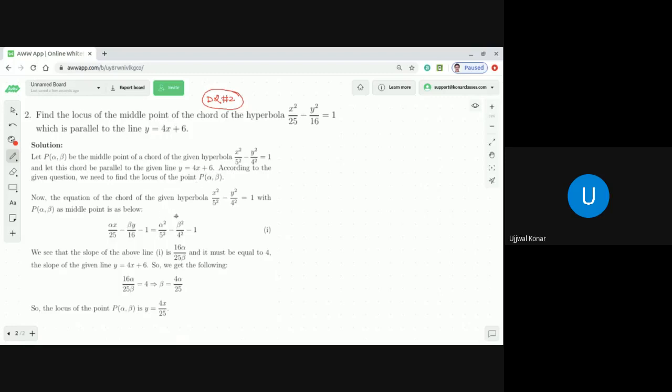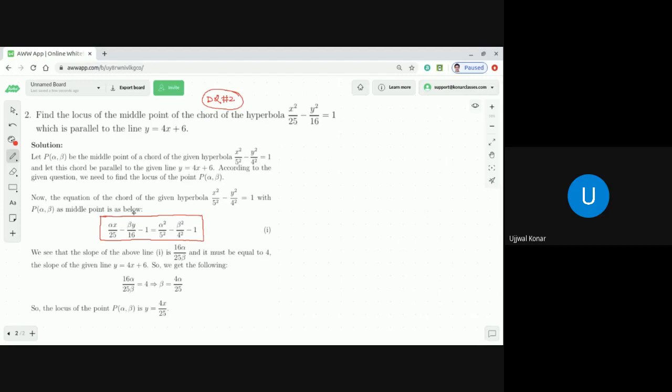Now the equation of a chord of the hyperbola with P alpha comma beta as middle point comes from the theory: alpha into x by 25 minus beta into y by 16 minus 1 is equal to alpha square by 5 square minus beta square by 4 square minus 1.